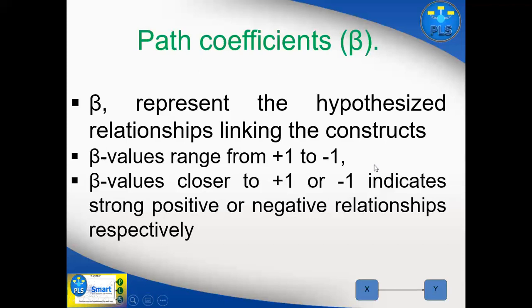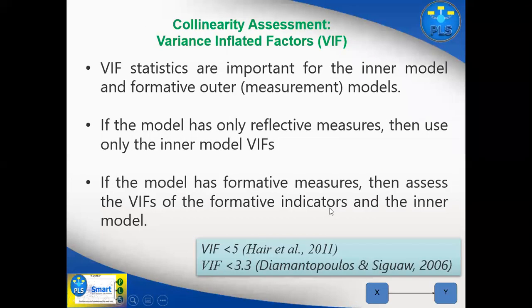Hello, sir. Yes, sir. If prior studies in your area of research had used less than 5, but in your particular study you have less than 3.3, you have to use Diamantopoulos and Siguaw 2006. What justification do you use? Because of prior studies.